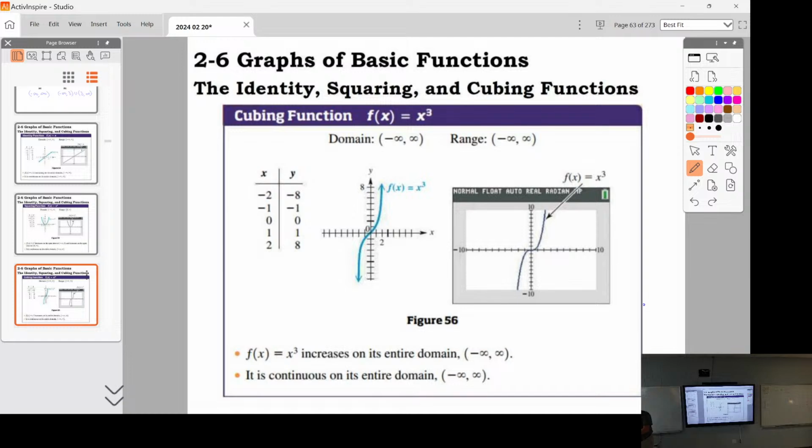It has a domain of negative infinity to infinity, and the range is also negative infinity to infinity. The cubing function is always increasing, so it's increasing on the interval negative infinity to infinity, and can be drawn without lifting a pencil, therefore it's continuous for all x.